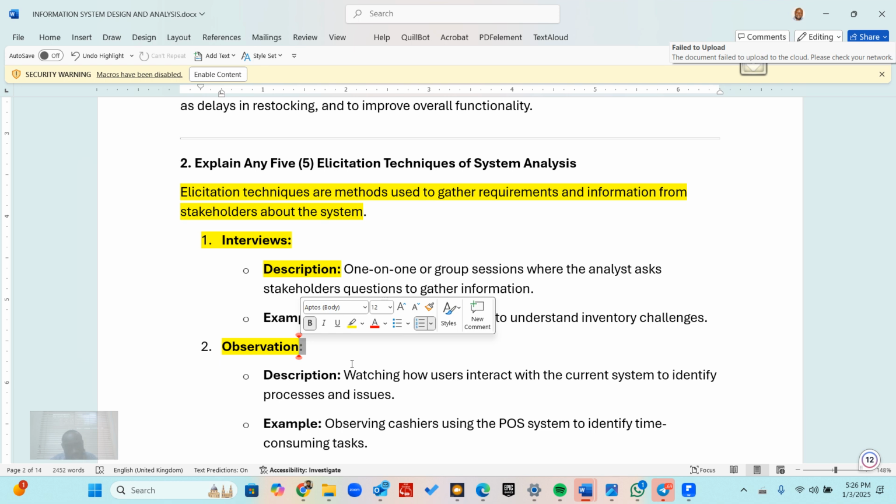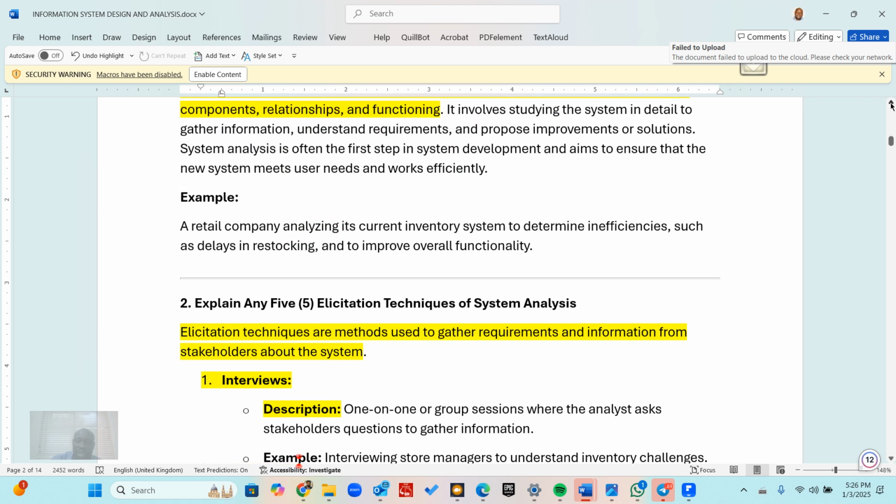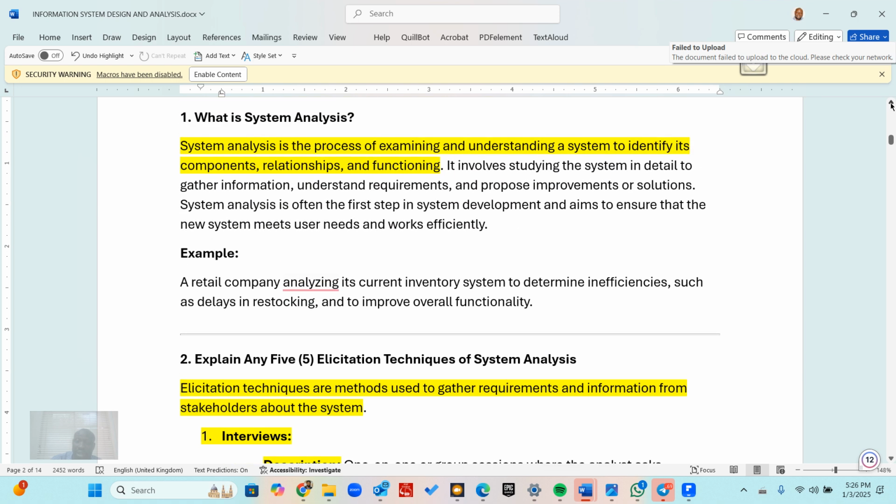Like we have said earlier on, system analysis is examining and understanding a system to identify its components, relationship, and functioning.